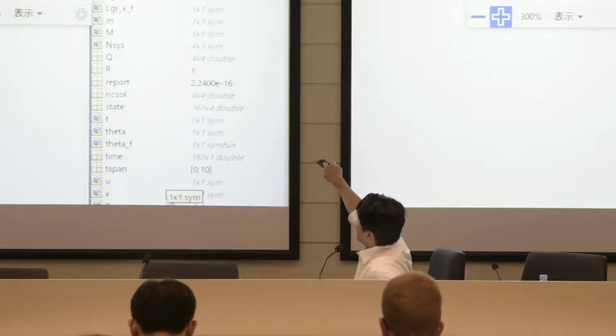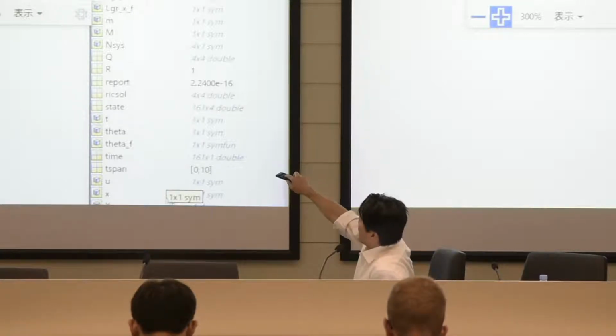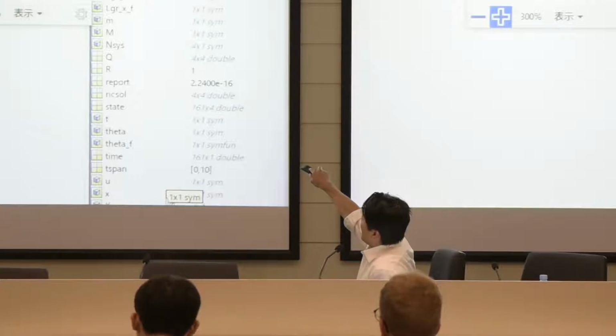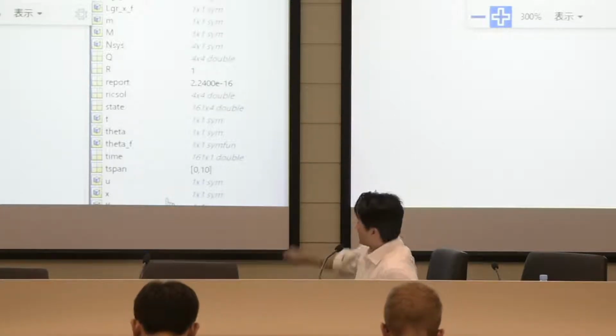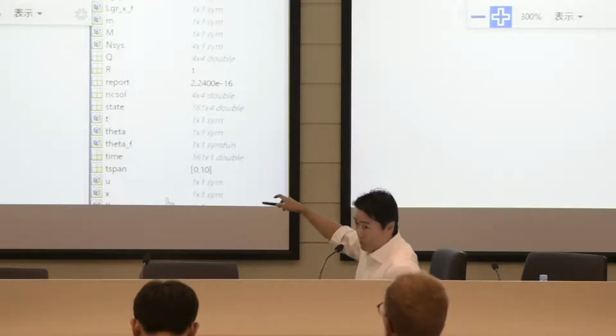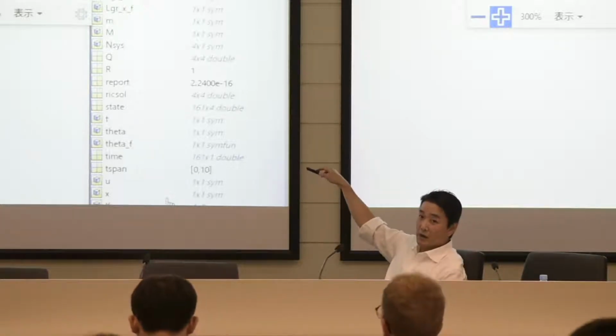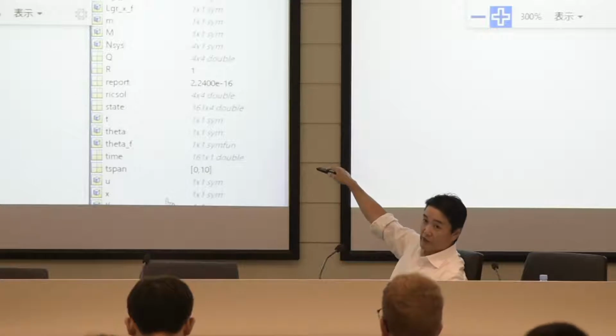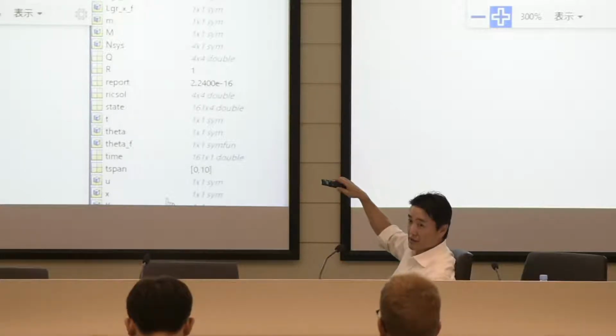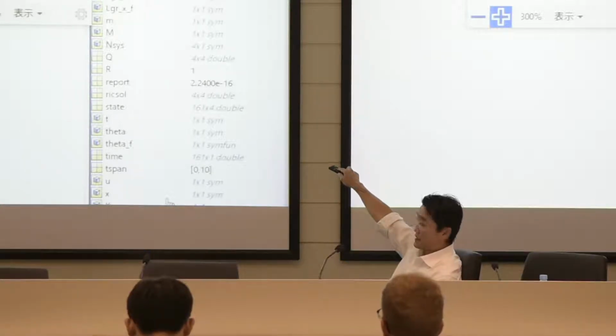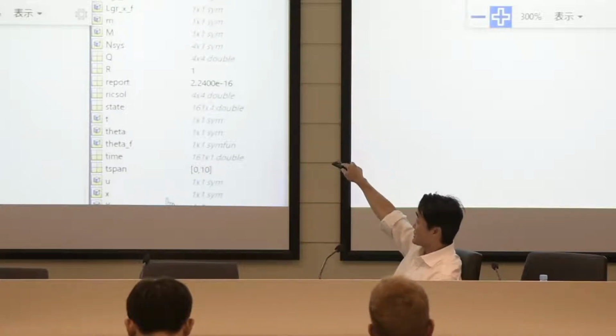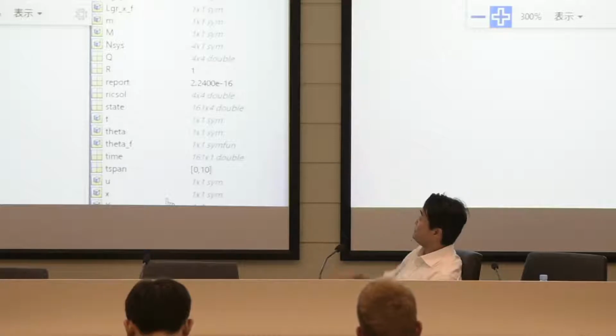Here, state is a 161 times 4 matrix. This 161 was chosen automatically by ODE45. And this 4 means your system is 4-dimensional. So you get this matrix. That's the numeric solution.